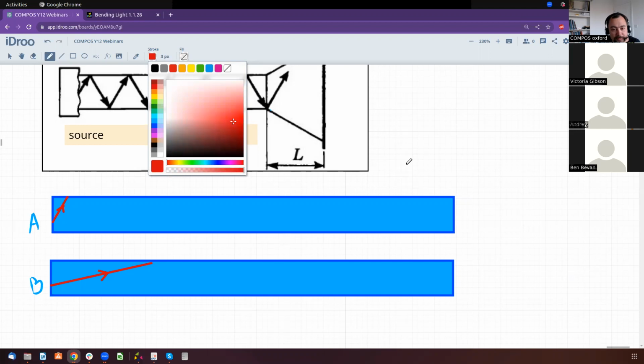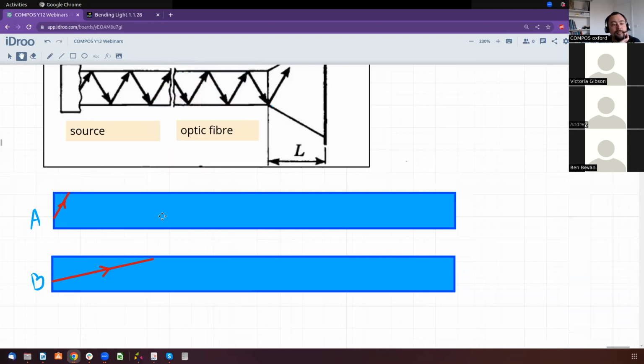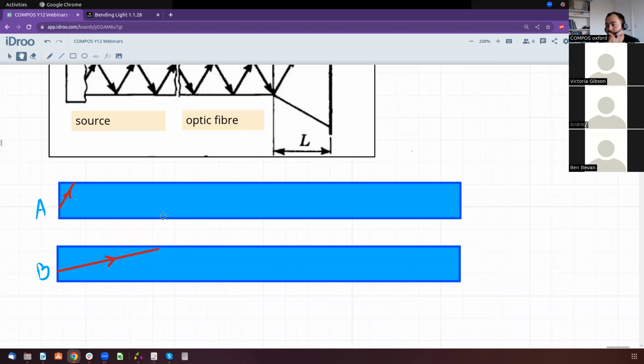B. Can you explain? Yes, because the angle is greater than the critical. So A will be reflected as well, of course. A will bounce back and forth. But the problem is that every time it bounces, some of the light will escape.